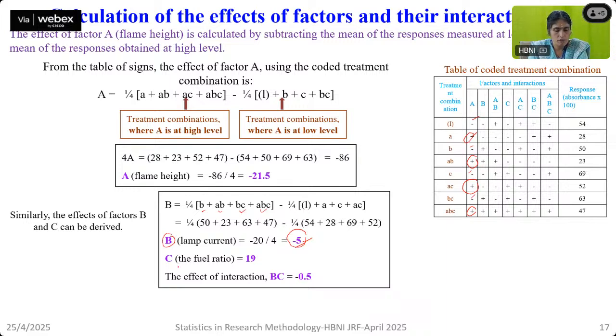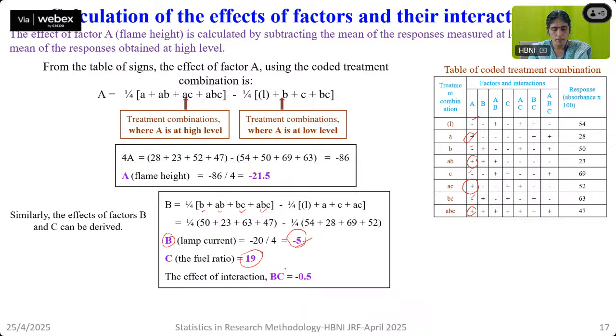Whereas in the case of the fuel ratio, you can see that the value is numerically positive, indicating that if you increase the fuel ratio from 4/9 to 5/9, the output or the response or the absorbance is increasing. From this slide, we can conclude very well that flame height and lamp current have a negative impact on the absorbance, whereas fuel ratio has a positive impact, just by seeing the sign of these impact values.